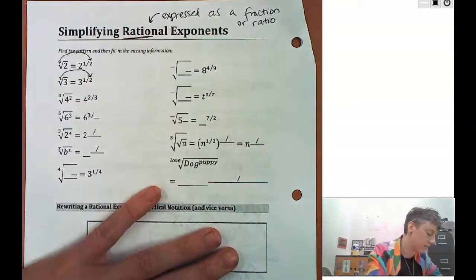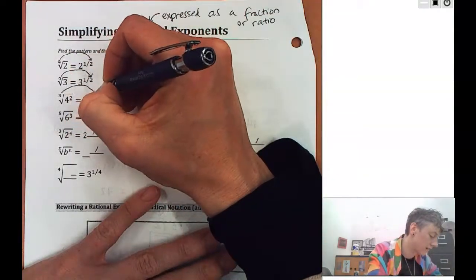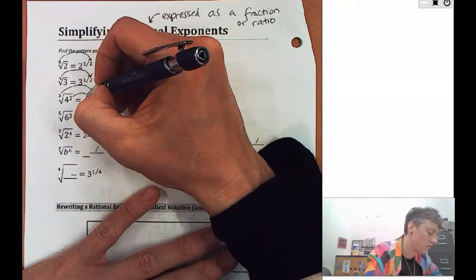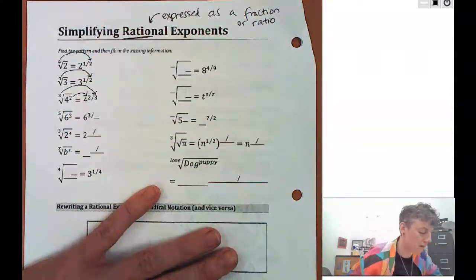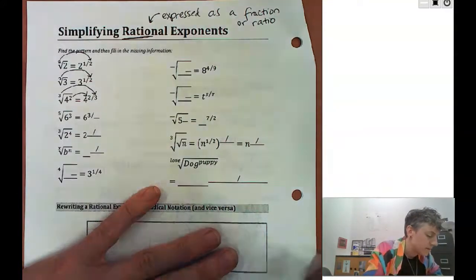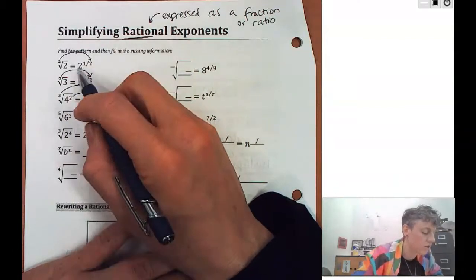Oh, interesting. All right, so I see that index went there, and that exponent on the inside of the radical became the numerator of the fractional exponent. So wait, let's back up. Does that make sense with our other 2? That very first one, the square root of 2, said it was equal to 2 to the 1/2.